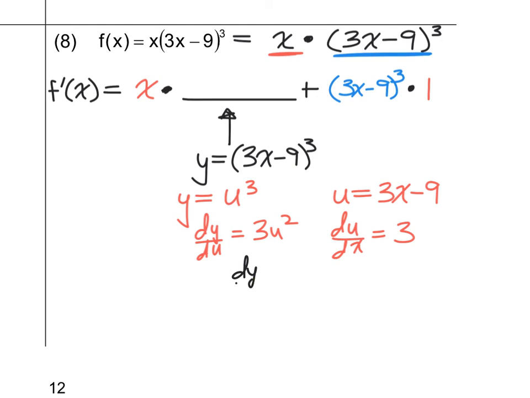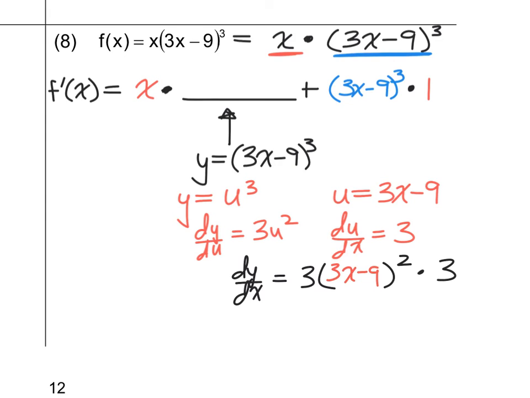So from this, we can get dy dx, which would be equal to, this is the idea of combining steps, 3 times u squared times the 3, with u being 3x minus 9. All right? So all of that is going in the blank here. And once it does, you have your derivative.